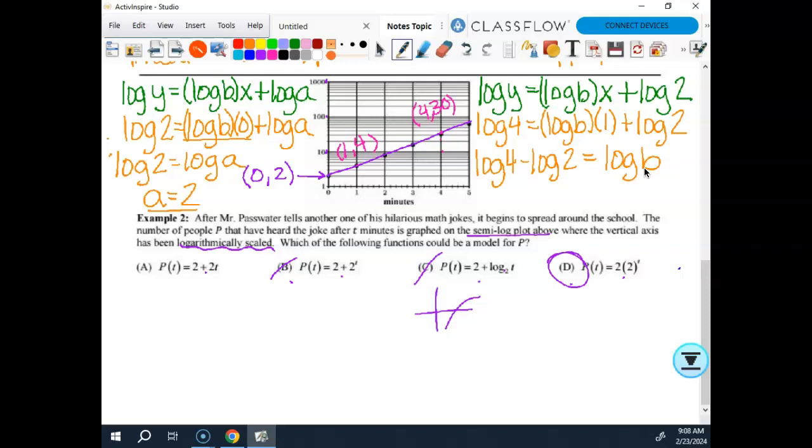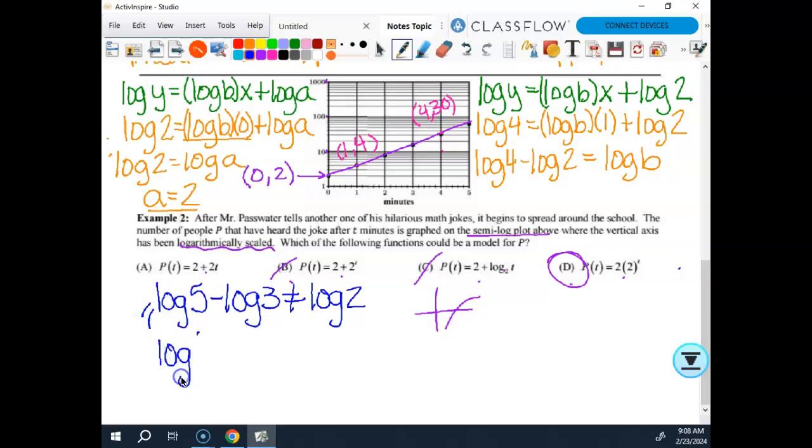So, little side note here. Let's just take a quick second and come over here. The log of 5 minus the log of 3 does not equal the log of 2. Do we agree with that? Instead, this actually equals the log of 5/3 because you're not literally subtracting the arguments.